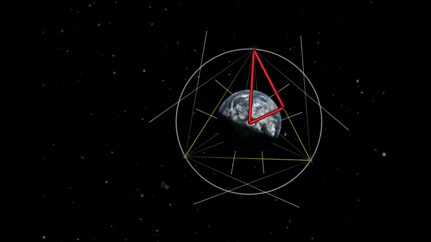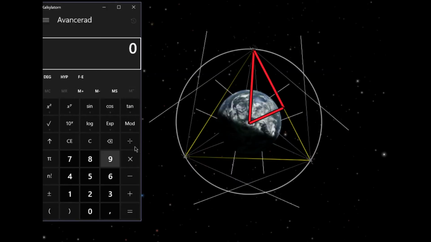So I'm going to bring forth a calculator here. Here we have the calculator. We have a known distance for the opposite side of 685 kilometers. We're going to divide that by the sine of 30 degrees to get the length of the hypotenuse.